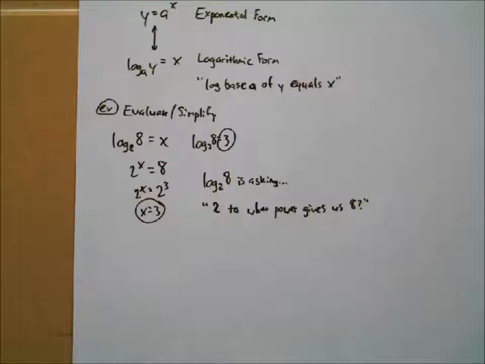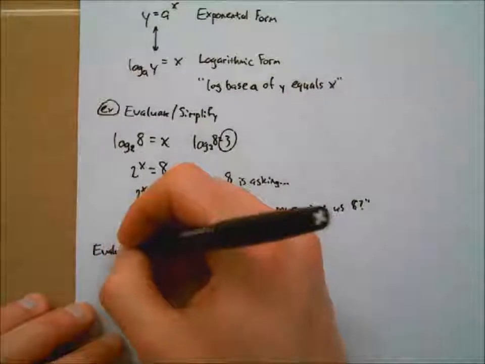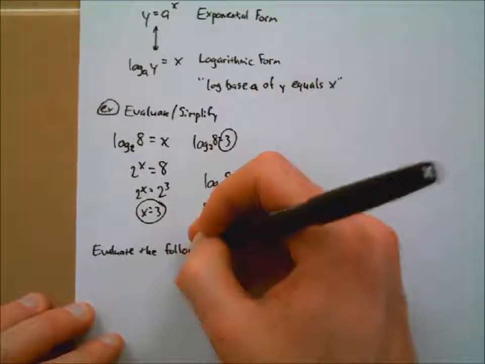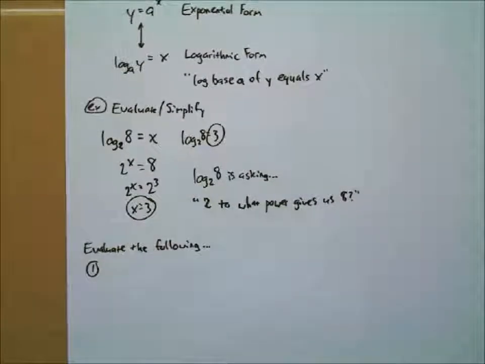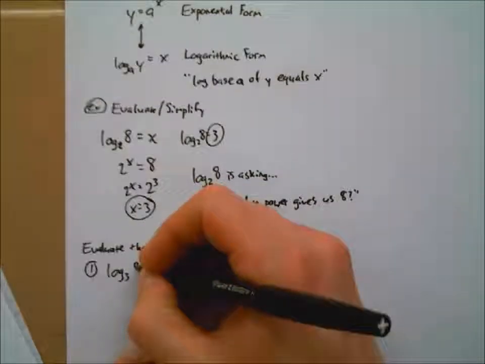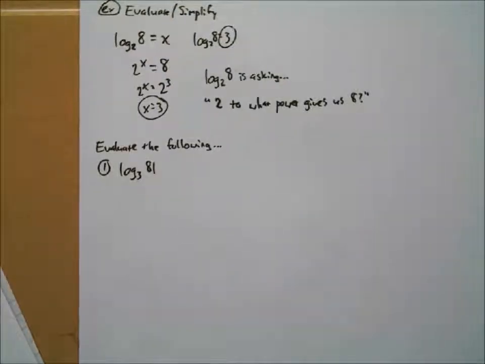Okay, so I'm going to give you, oh wait, no, we'll do some together, and then I'll have you try some. So we'll say evaluate the following. Okay, number 1. Log base 3 of 81.